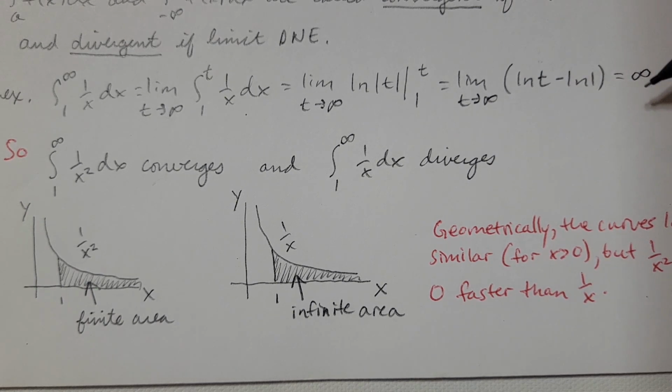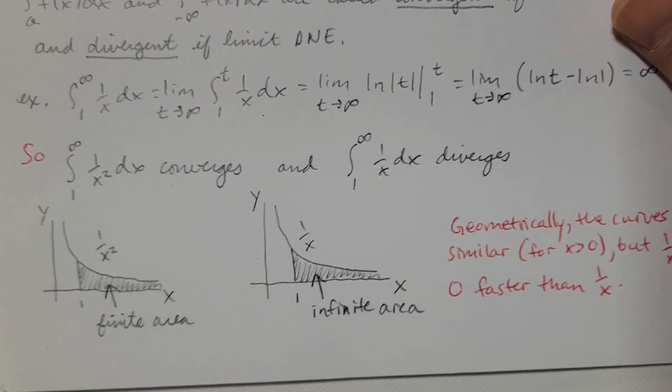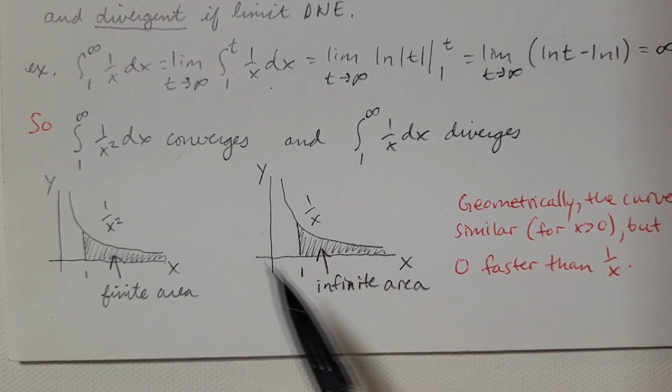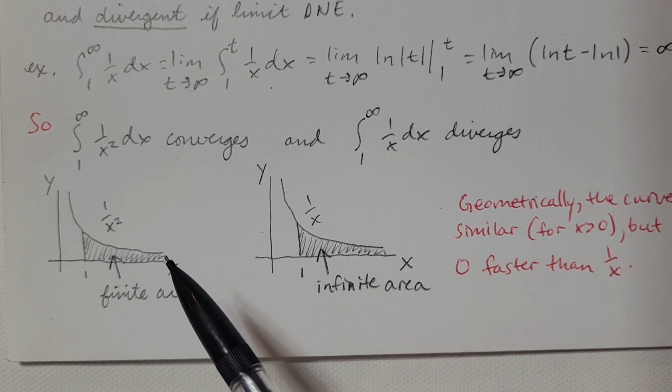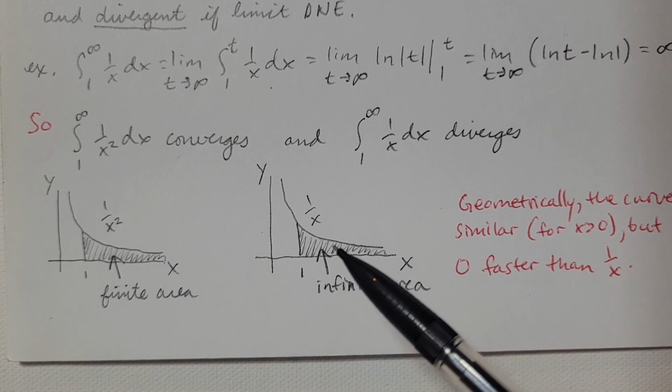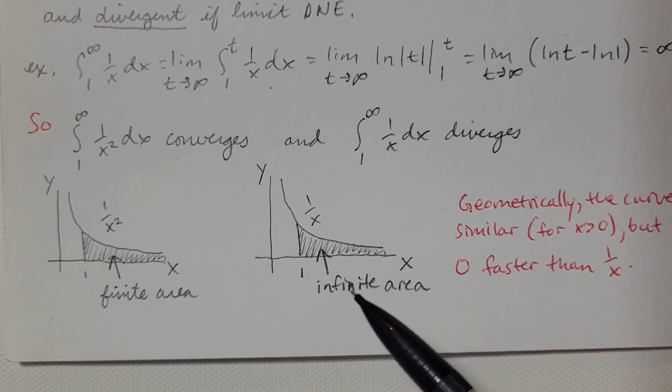Because we're getting infinity there. So what that tells us is that, when we look at these two areas under the curve, the area under this curve, y equals 1 over x squared, is a finite area. The area under this curve, y equals 1 over x, is an infinite area.